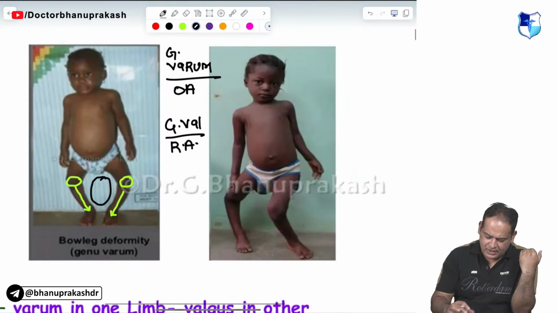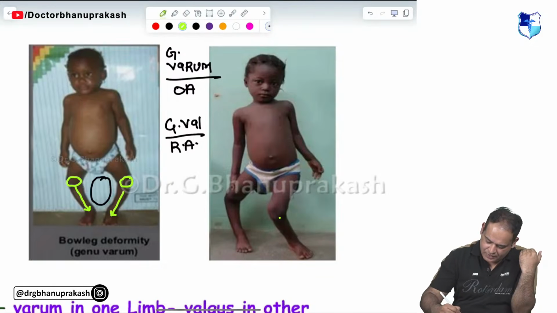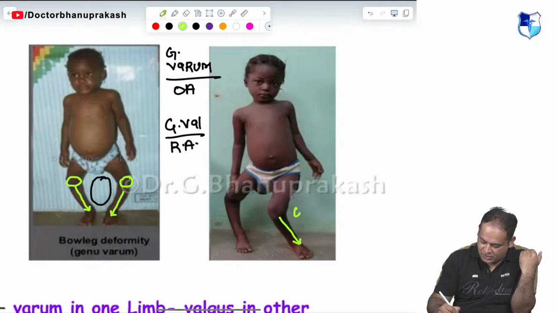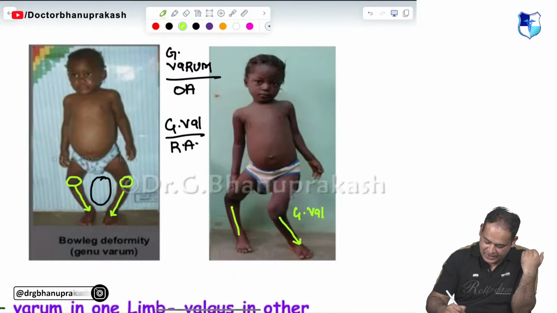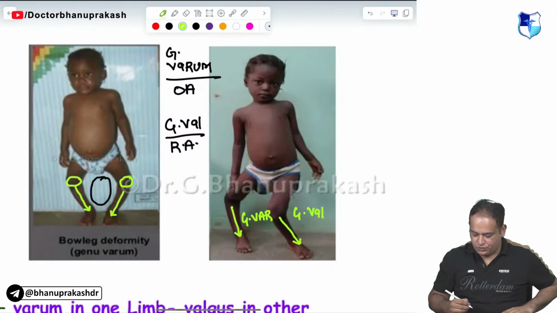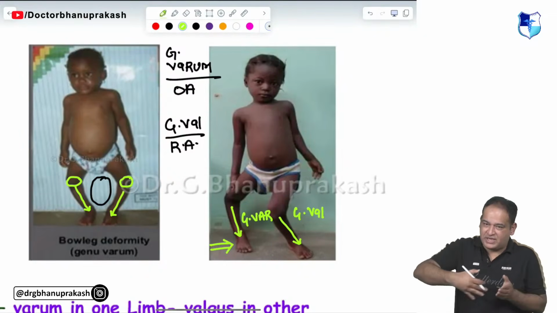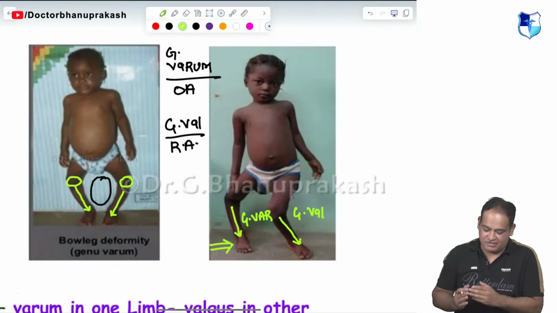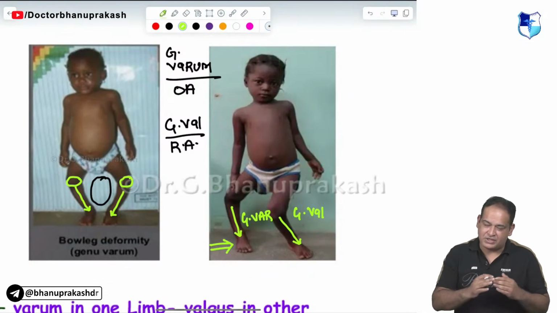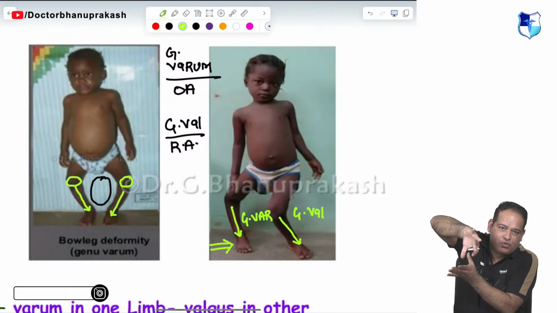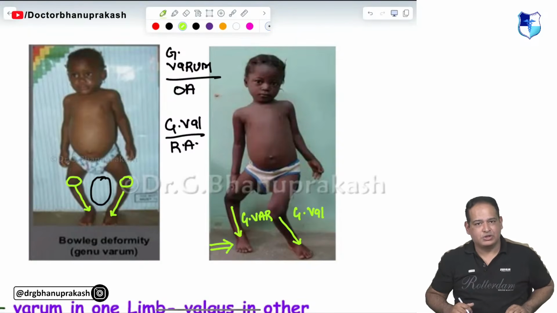Now have a look at this unfortunate child. In the left leg, the child has genu valgum. In the right leg, the child has genu varum. It looks as if the wind came from this direction and the feet of the child moved in the opposite direction, right?